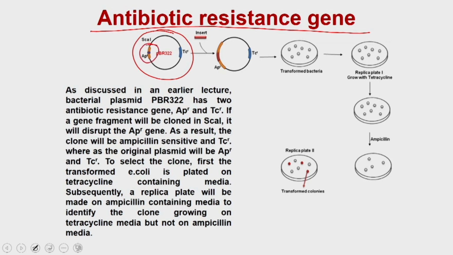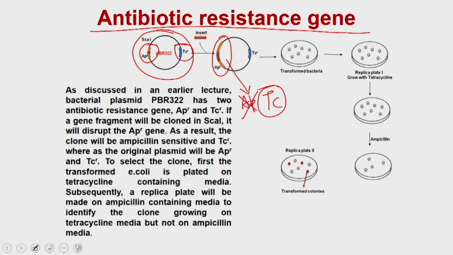One is called the ampicillin resistance gene and the other is called the tetracycline resistance gene. Suppose you have cloned an insert within the ampicillin resistance gene, which means this fragment is going to have no resistance for ampicillin, but it is going to have resistance for tetracycline.